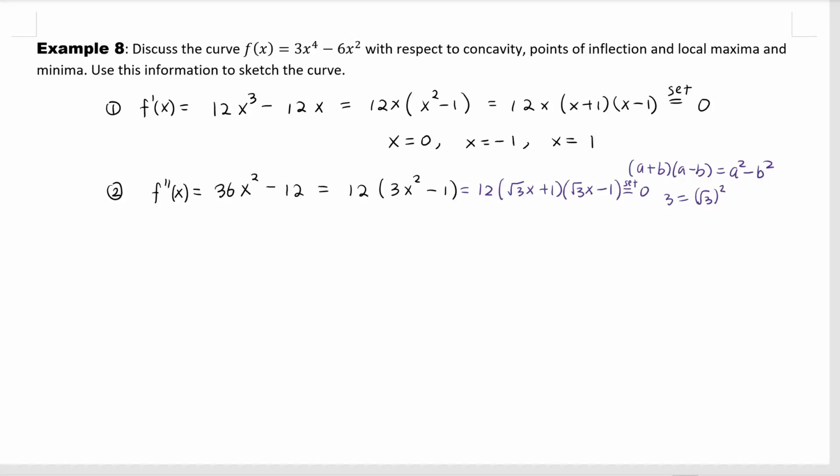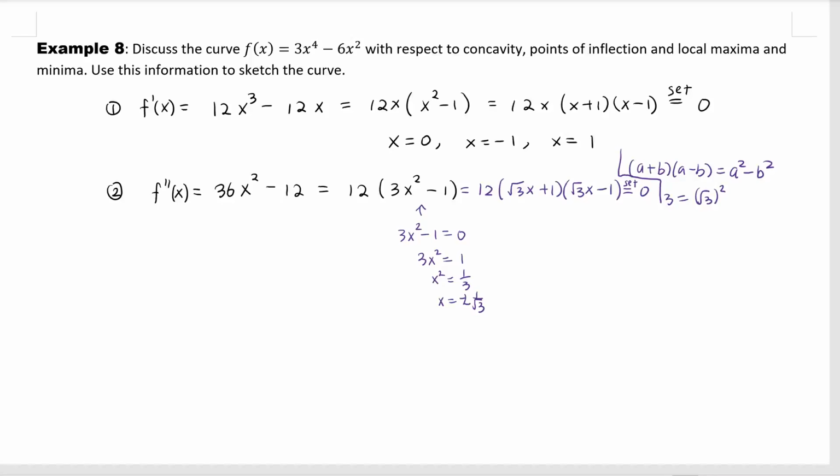Okay, so you might have questions like, what if I don't know how to factor it? It's okay. You can set this guy equal to 0, and then you get 3x squared minus 1 is 0. 3x squared is 1. X squared is 1/3. X is plus or minus 1 over root 3. Okay, so you get the same thing.